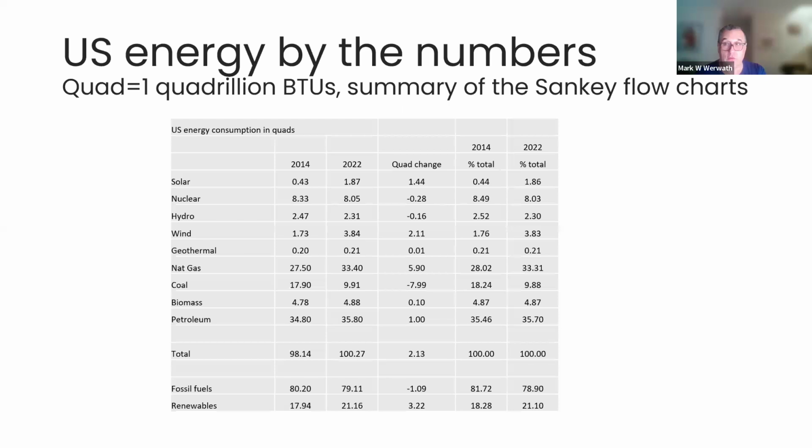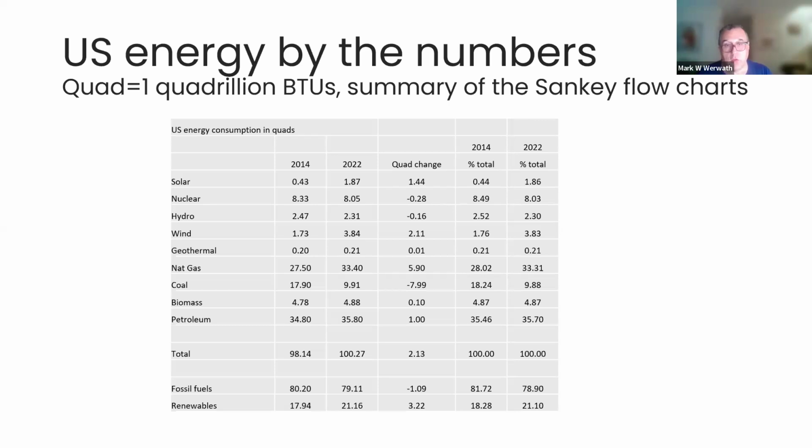Some people say it's not a transition. It's a growth. And most of the growth is coming from renewables. But there is a tiny bit, about 1% of the energy that used to come from fossil fuels, that is now coming from renewables. So I would argue it's a little bit of both. Transition from fossil to renewables, as well as growth.